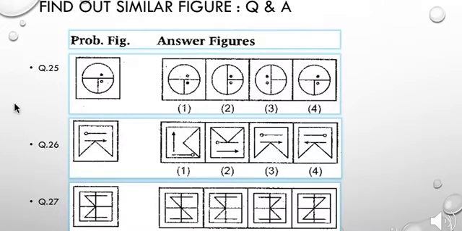Question number 25. There is a problem figure given and there are 4 answer figures given. One of the answers is exactly similar to the problem figure. So let's find which answer figure is similar to the problem figure. Let's check the problem figure carefully. We find that the outer design is a circle which is divided into two parts, first with the help of a horizontal line.